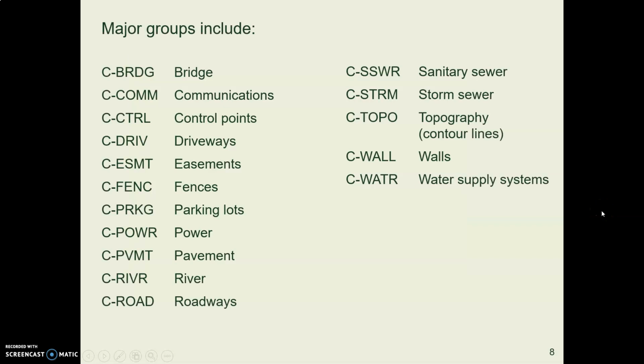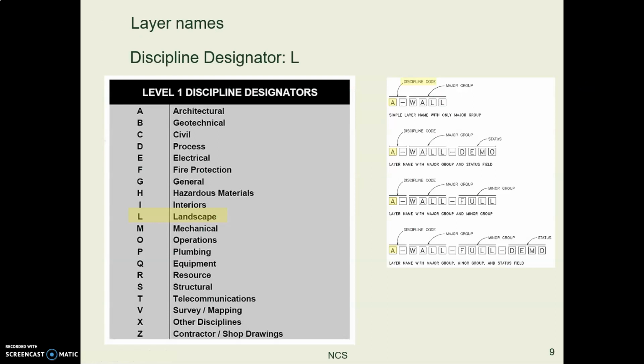Here are some of the major groups. If you work for OBEC doing bridge design, you will do a lot of drawings on this layer, C bridge. If you work for Olson Engineers, you will do a lot of lines on these, the sewer layers, and so forth. Then here's the L for landscape designator.